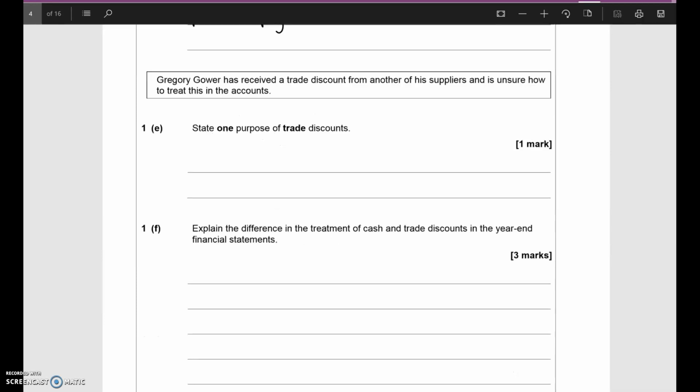A trade discount is actually given to trade customers, so people who buy in bulk in particular. So it encourages bulk buying, and therefore repeat custom or repeat customers. That's where you would offer trade discounts.